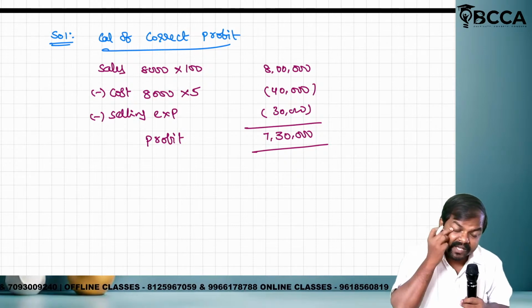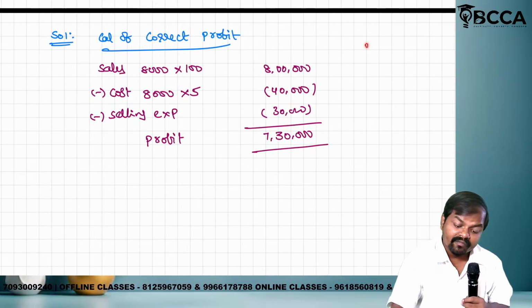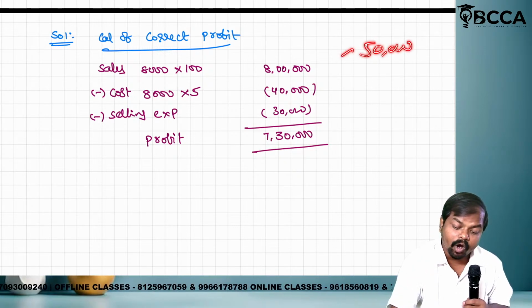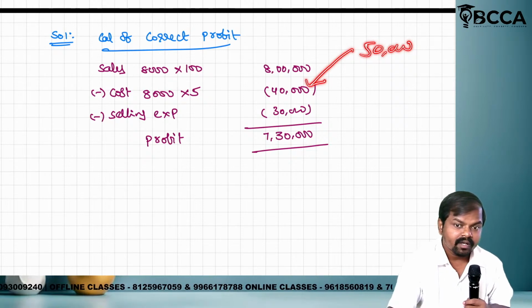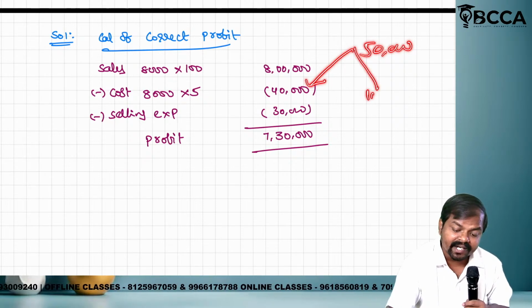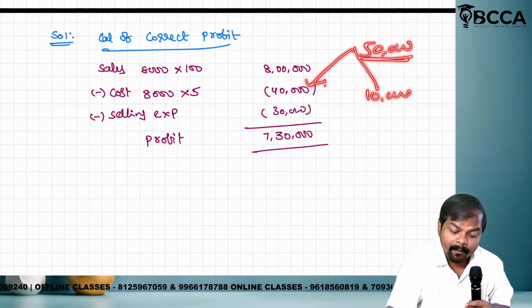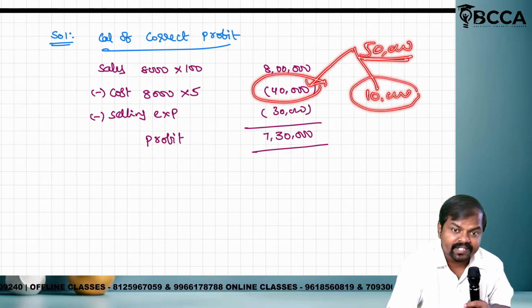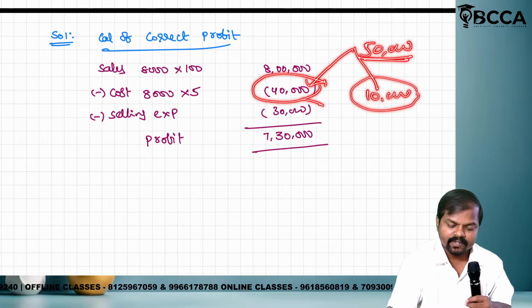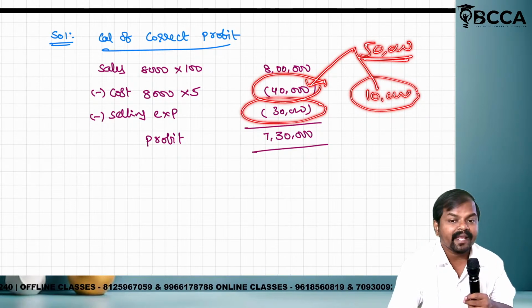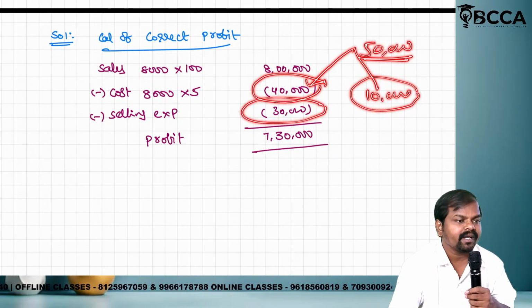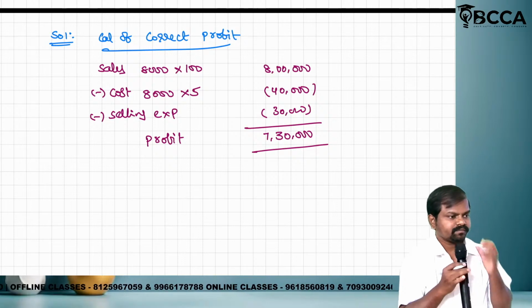How much manufacturing cost you incurred? 50,000. Out of 50,000, how much is adjusted? 40,000. How much not adjusted? It means product cost, some portion expired, some portion unexpired. Period cost fully expired. This is the overall conclusion.